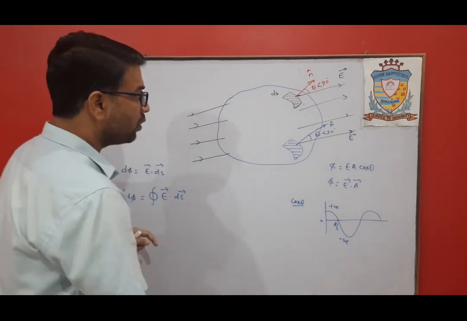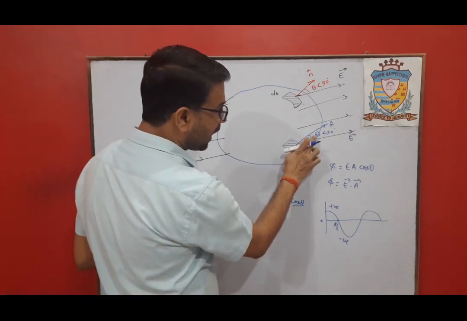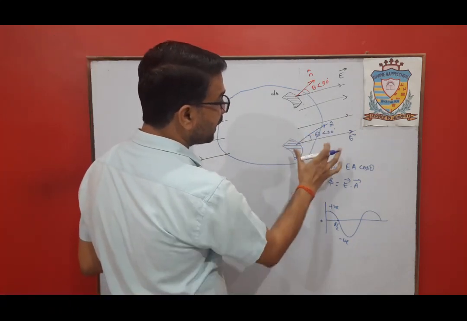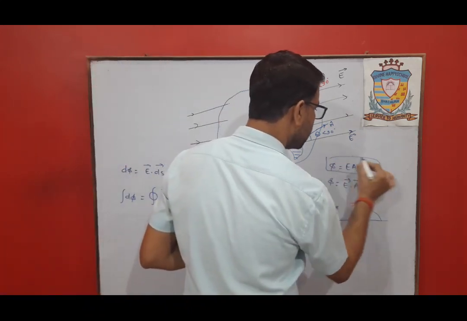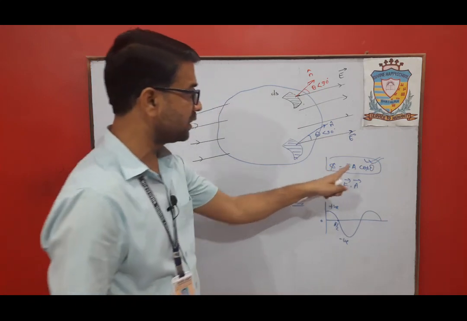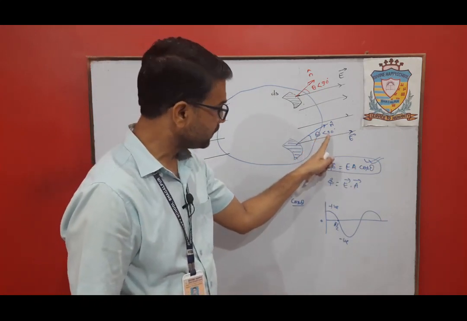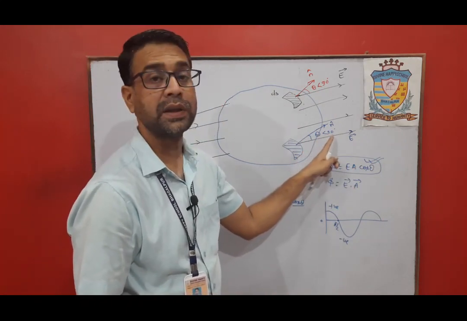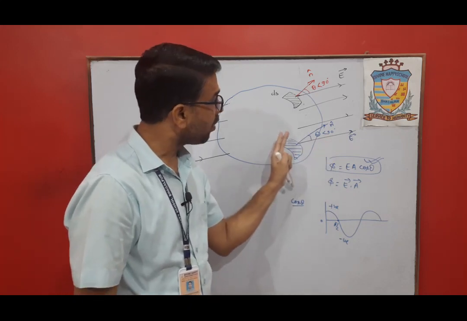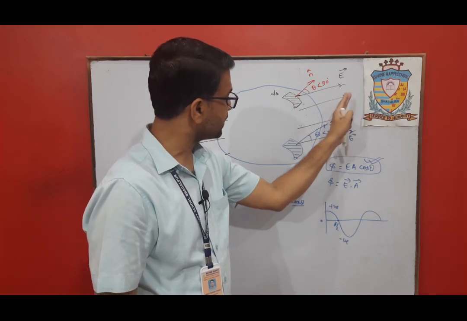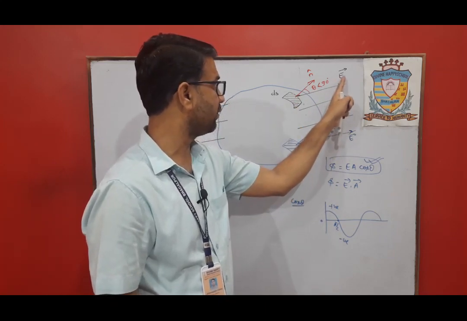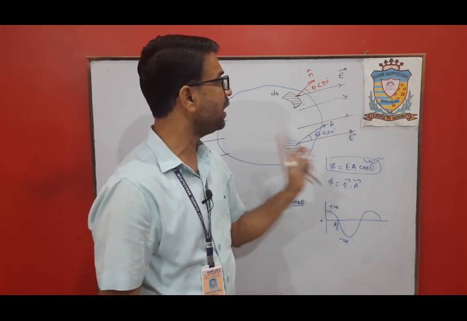Since phi equals EA cos theta, cos theta is positive only for angles smaller than 90. That means all the electric field leaving the surface will be positive.